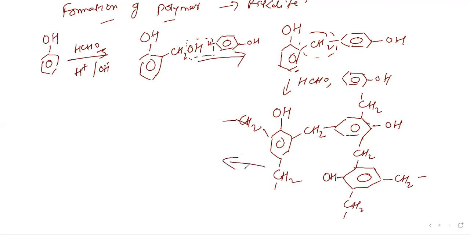So this is your polymer, bakelite, right? Where different phenol groups are linked via this CH2, right? So just remember how to write down the structure of this polymer.